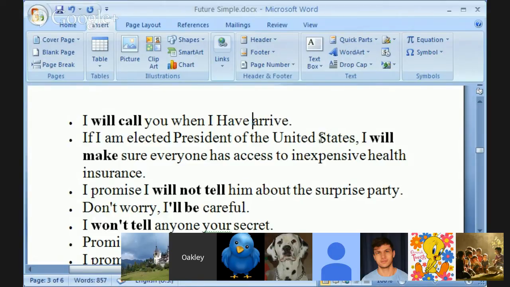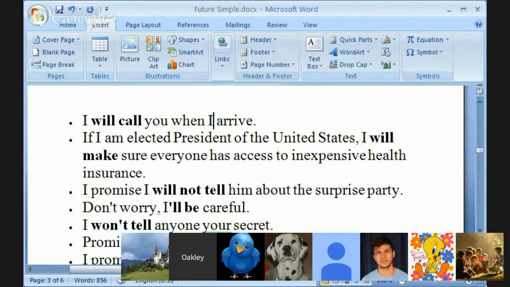Because this present perfect is possible: I will call you when I have arrived. But it's not really necessary. And really, you need a present tense one way or the other, and it's because of the nature of the meaning of the verb.